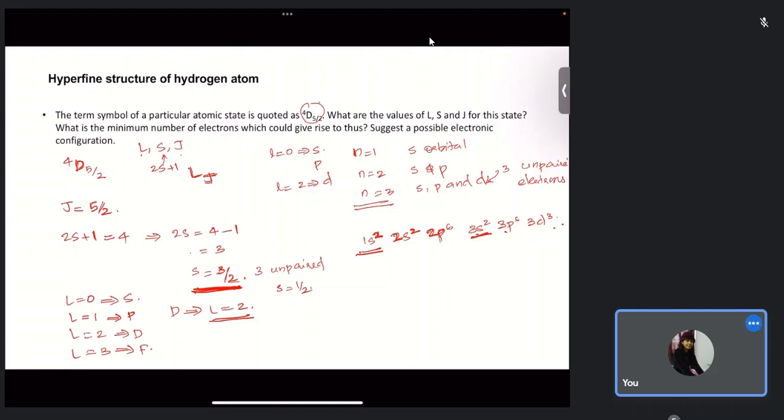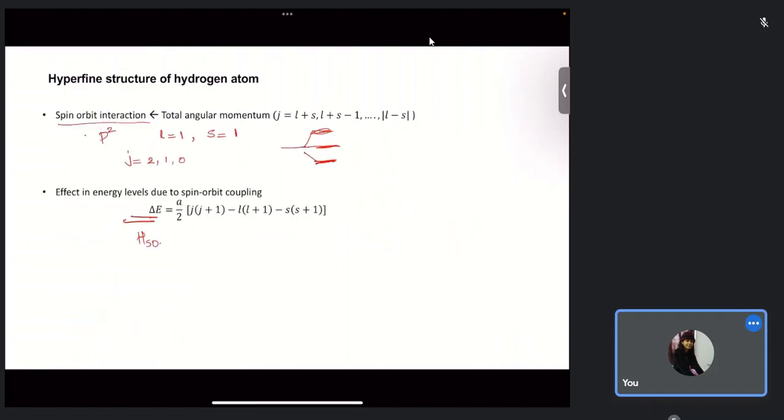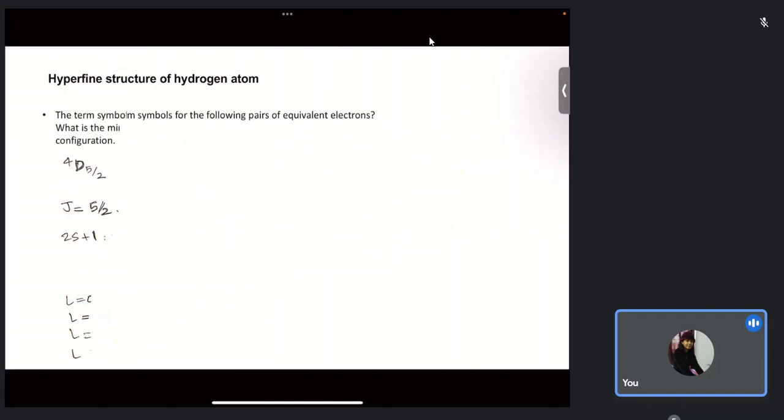Next one is just to find the term symbols for the following pairs of electrons. So this we have already discussed here, right? I don't think so. I discussed. Okay. So basically we have to find what is the term symbol associated with it. The generalized form of term symbol is 2S+1 L J, and for A it is s square, so s2.